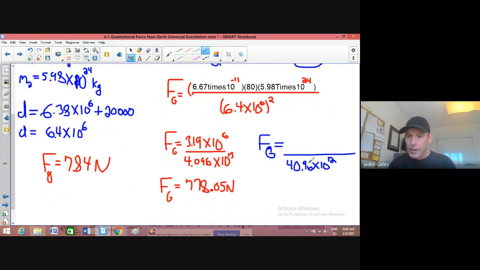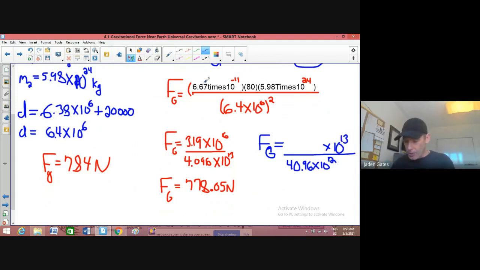And I get 40.96. Now up here, I do the same thing. I take my powers of 10 using my power rules. So 10 to the power of negative 11 times 10 to the power of 24, you add the exponents, so I have a positive 13.